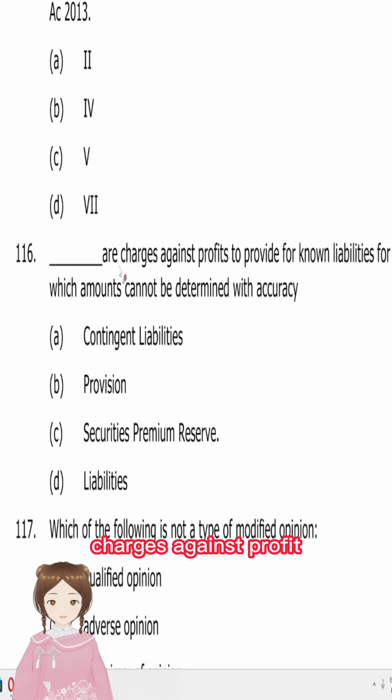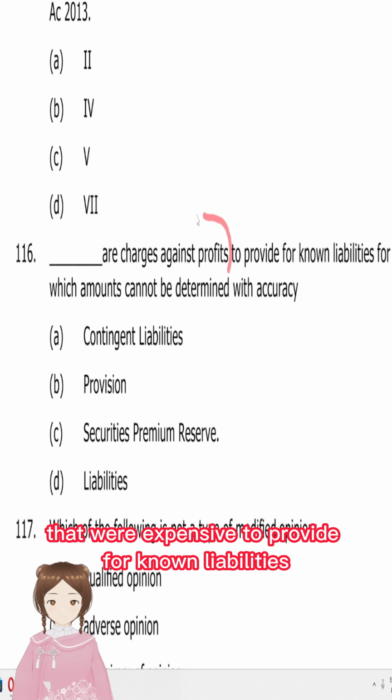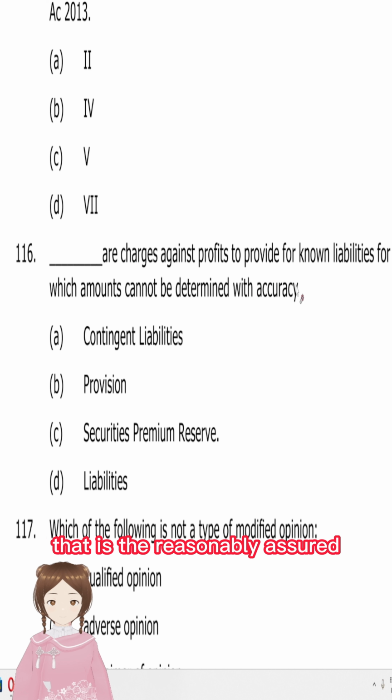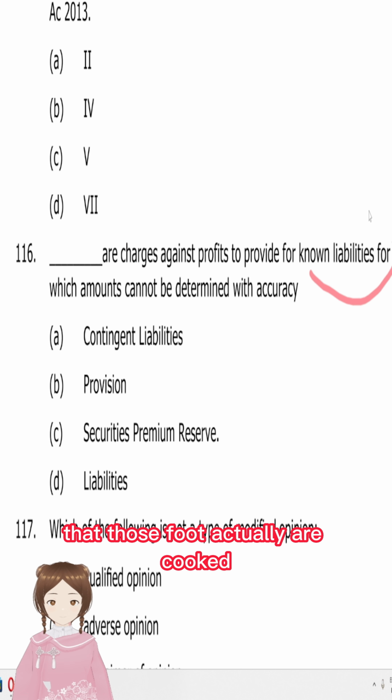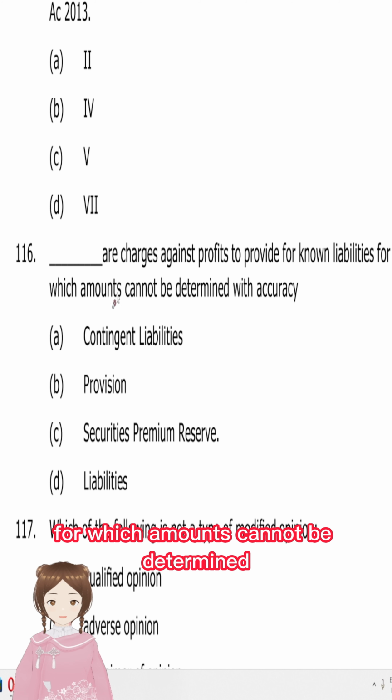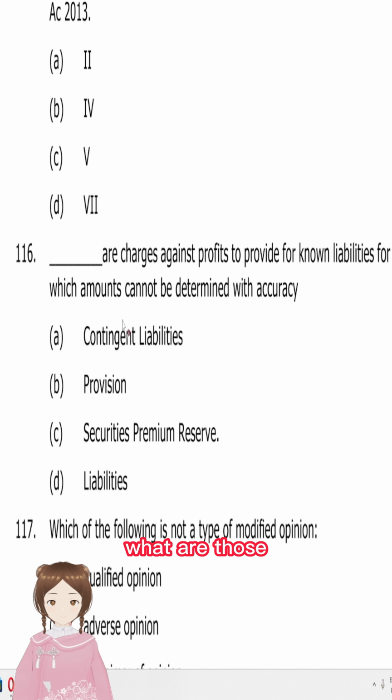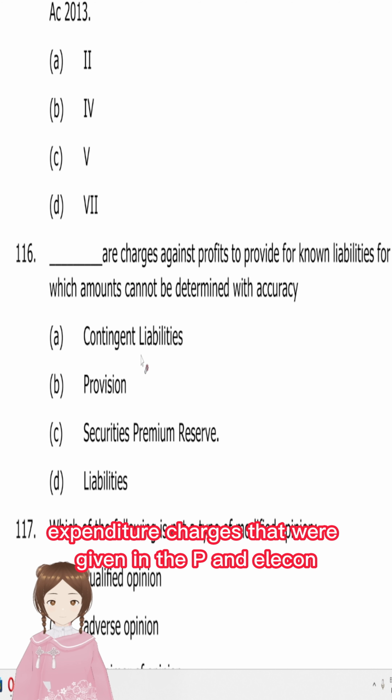Dash are charges against profit that were expenses to provide for known liabilities. That is, they are reasonably assured that those would actually occur, for which amounts cannot be determined. They know a part of an amount, but they don't know how much the amount is. What are those expenditure or charges that were given in the P&L account?